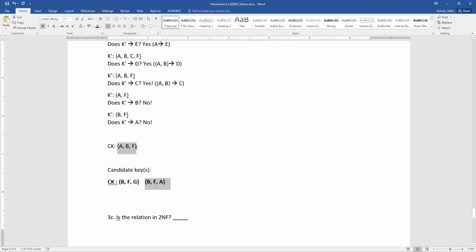The attributes are in a different order, but that's okay. These sets of attributes are not ordered, so ABF is the same as BFA.